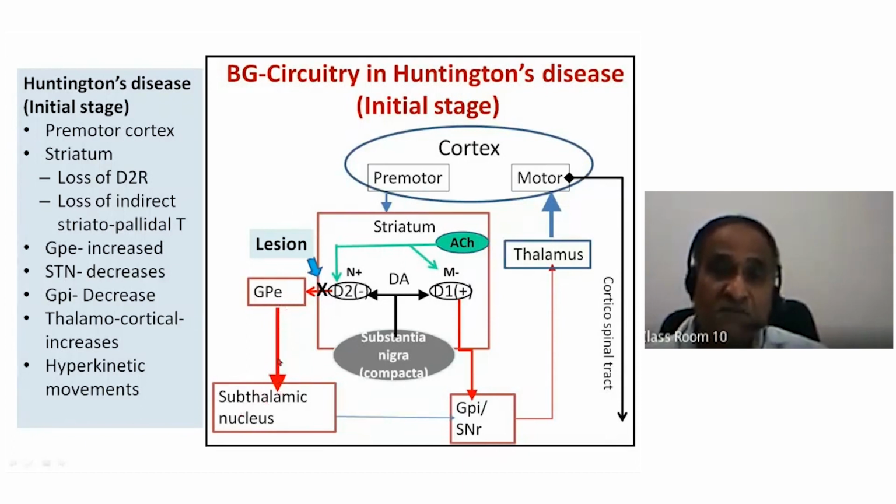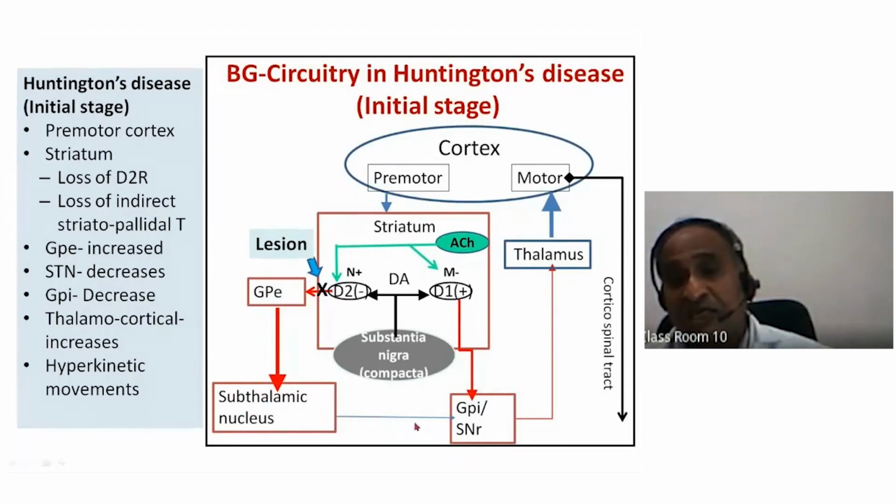Now, the output of this GPE is coming to the subthalamic nucleus, and whatever output is going from the subthalamic nucleus to GPI is decreased. And the GPI receives both the direct pathway and indirect pathway.